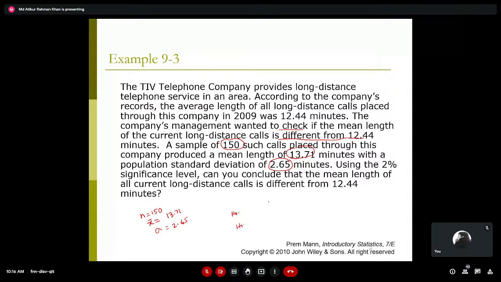If you are asked to test, the test becomes the alternative. Test this is different, or check this is different, or check this is less than, or more than. If something is claimed, that becomes the null. So mu not equal to 12.44, and null is then mu equal to 12.44.